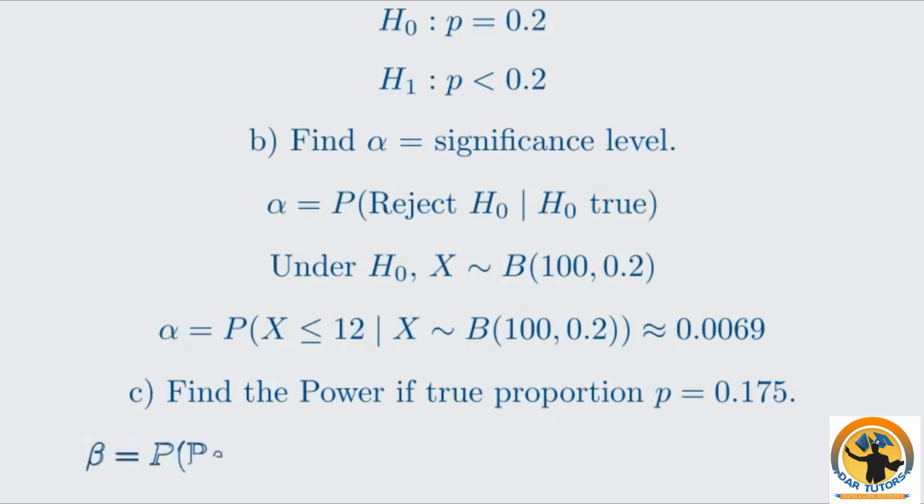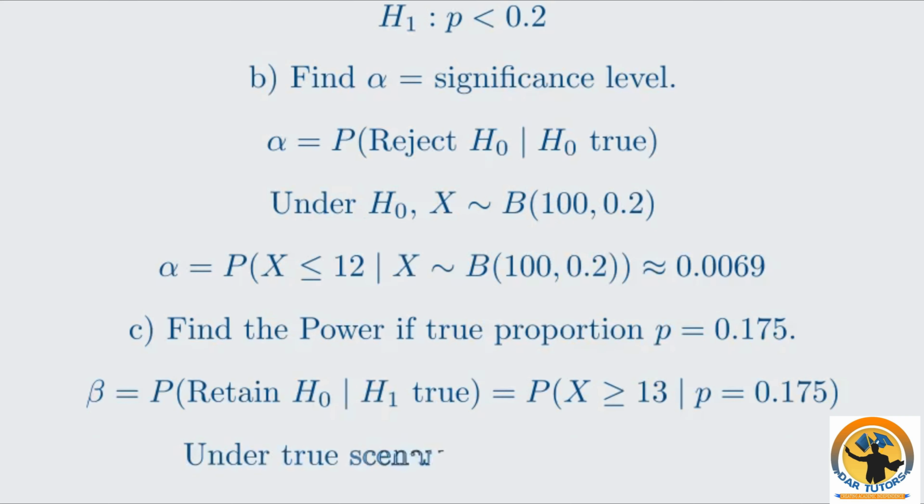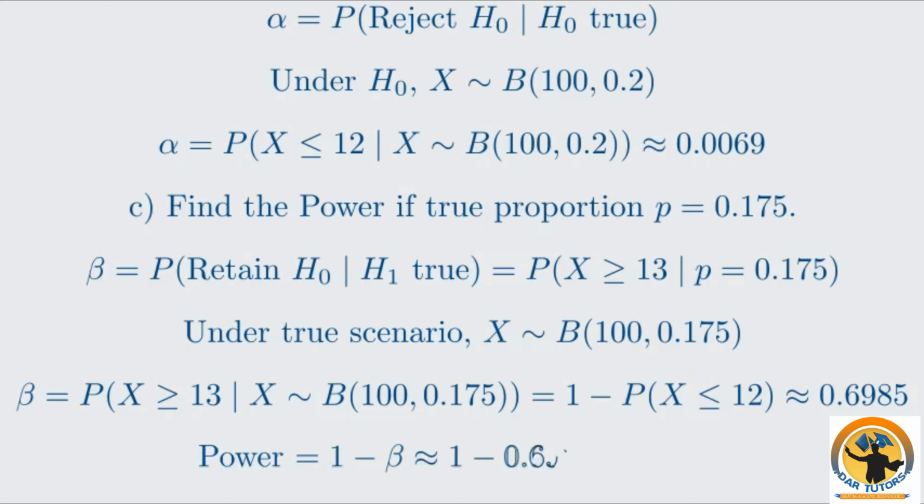Part C asks for the power of the test if the true proportion is 17.5%. The power is 1 minus beta. Beta is the probability of retaining H naught when the true proportion is 0.175. We retain H naught if X is 13 or greater, so we need to find P(X ≥ 13) for a binomial distribution B(100, 0.175).